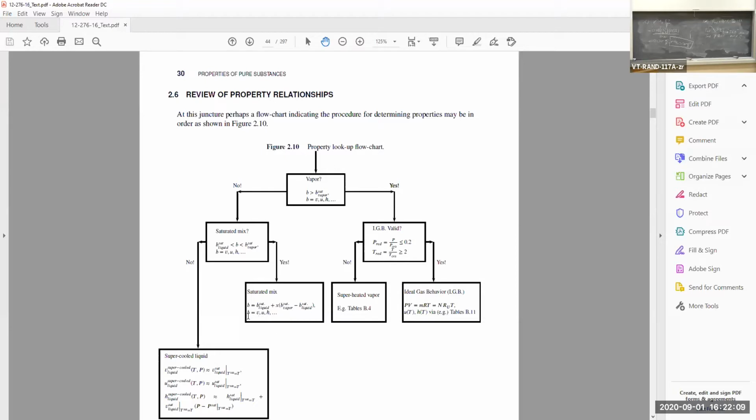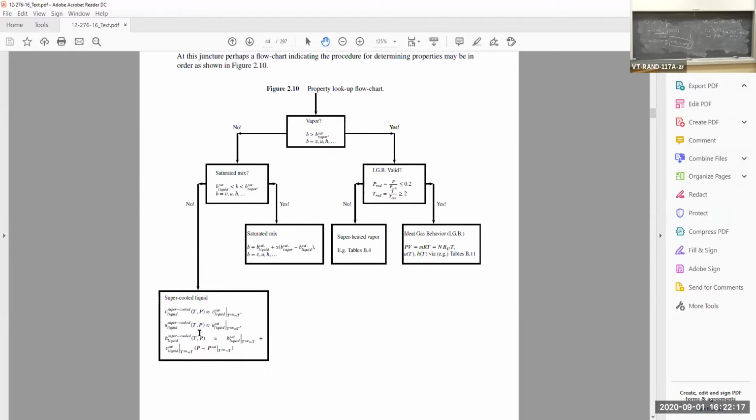Remember, B here is a variable that represents specific volume, internal energy, and enthalpy. If you are not within the saturation dome, then you must be a supercooled liquid. And then we have all the approximations here for specific internal energy, specific volume, and specific enthalpy for a supercooled liquid. And we use these in an example as well.